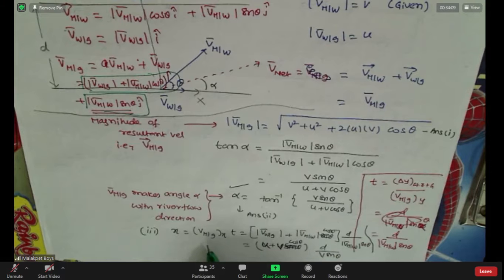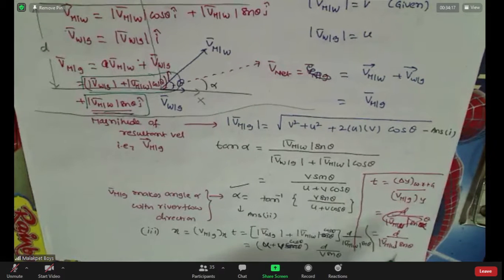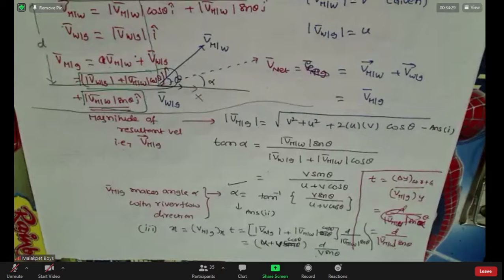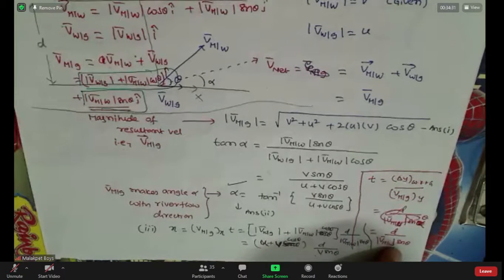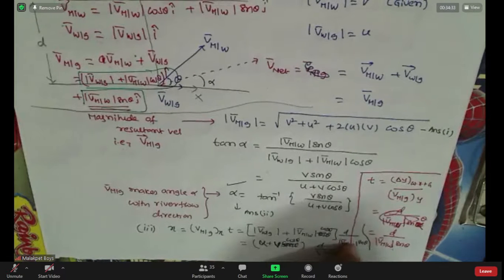Sir, d by velocity of man with respect to ground sin theta, no? When you accepted this, you have to accept the same thing I wrote here, no? Am I right or not?